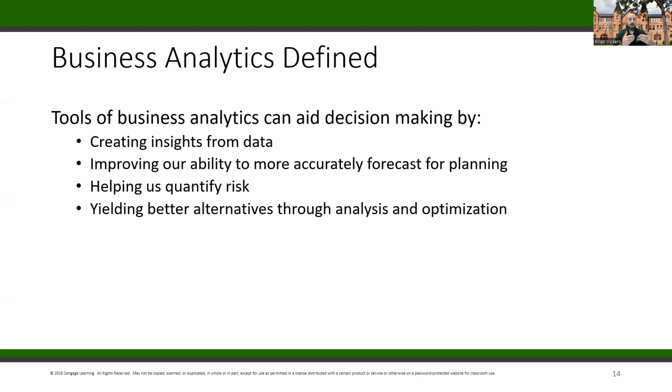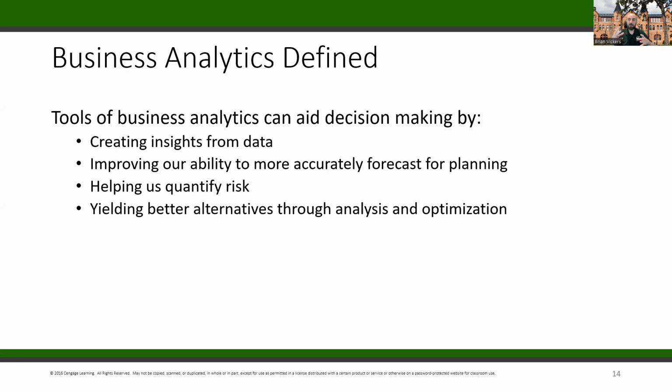Quantifying risk. So what's the likelihood of success? The probability of success or failure, or of these outcomes. Making decisions under risk means that there are probabilistic outcomes, and quantifying what those probabilities are. And then just being able to come up with more, because quantity isn't a defining characteristic of better, but just better options.